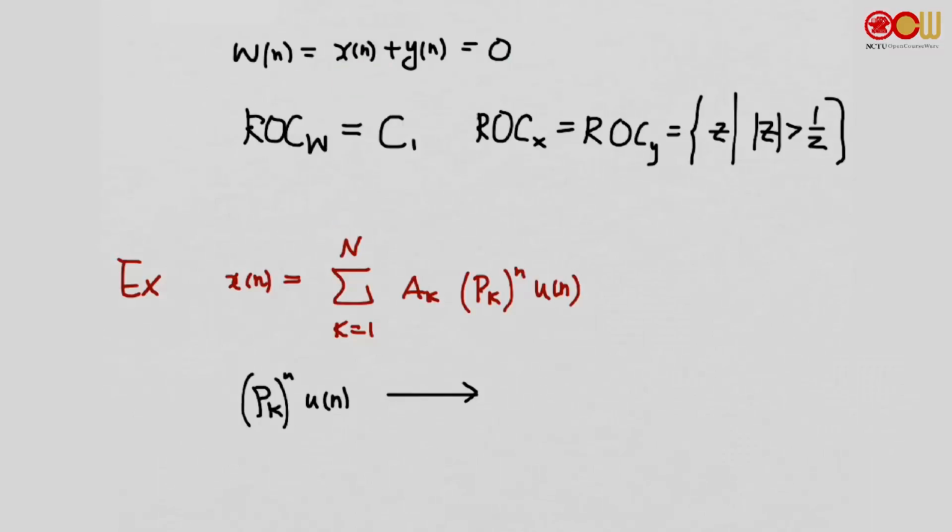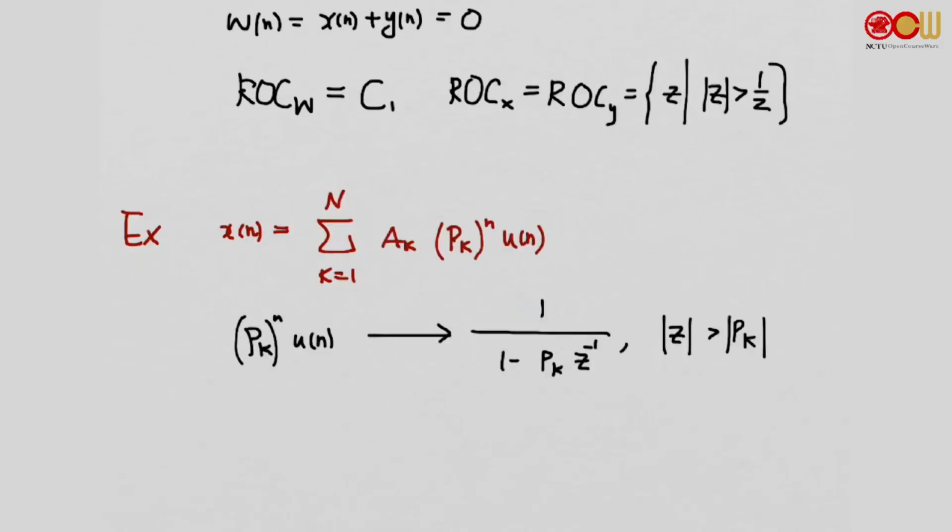If we consider the exponential sequence p_k^n u[n], we know the Z-transform would be 1 over 1 minus p_k z^(-1), for all z that's greater than p_k in absolute value. So if we want to get the Z-transform of x, we can simply linearly combine these Z-transforms.